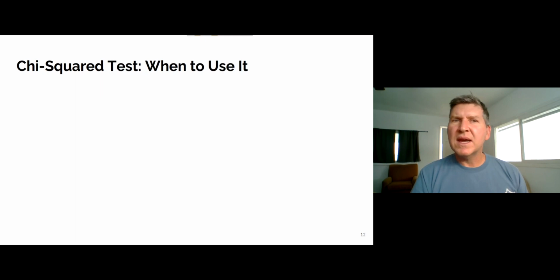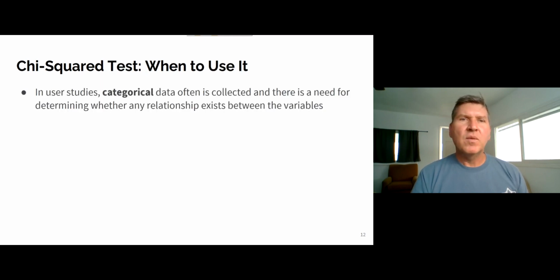So when do we use the chi-squared test? When we have categorical data and we need to determine a relationship between the variables. So generally we have counts in different categories, and the chi-squared test is usually the one that we as researchers rely on when we've got categorical data.